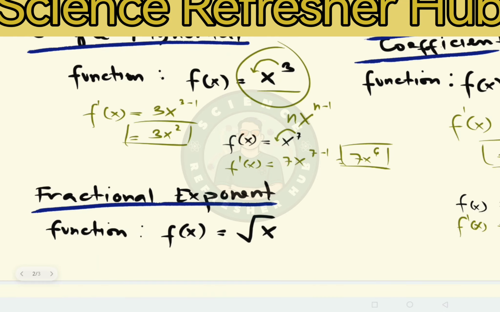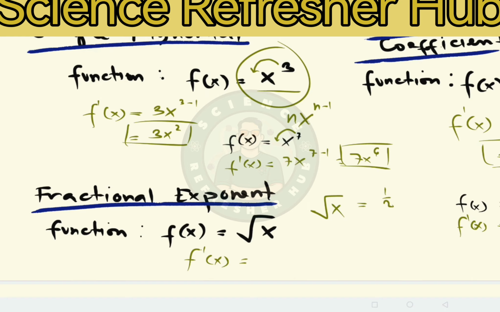If ever, but this is not commonly given if you will be getting the instantaneous velocity, you encounter a radical sign or a fractional exponent, let's say for example you have to get the derivative of the square root of x. Remember, the square root could be written as x raised to 1/2.